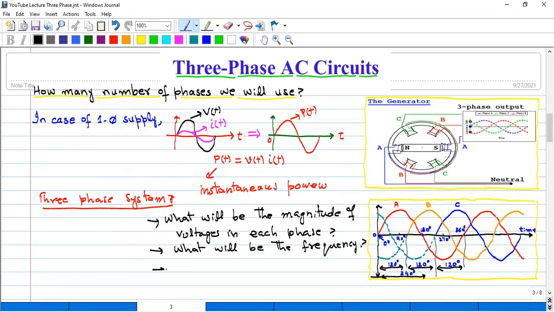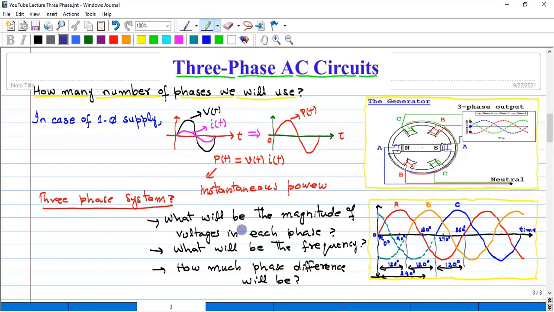And the third important question is, in the case of a three-phase system, how much will the phase difference be? So there are three important questions for the three-phase system.